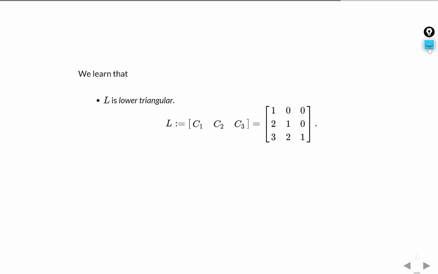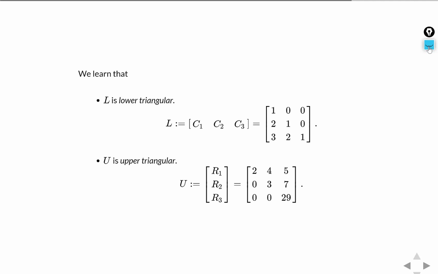We learned that concatenation of C1, C2, and C3 forms a lower triangular matrix, which we define as L, and the concatenation of R1, R2, and R3 forms an upper triangular matrix that we define as U, and L times U will produce matrix M. So M is the product of a lower triangular matrix and an upper triangular matrix.